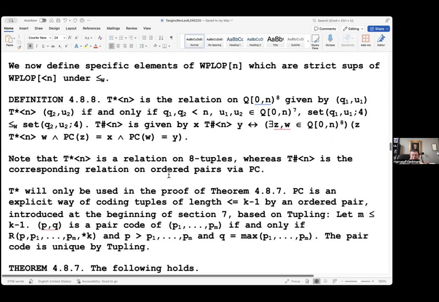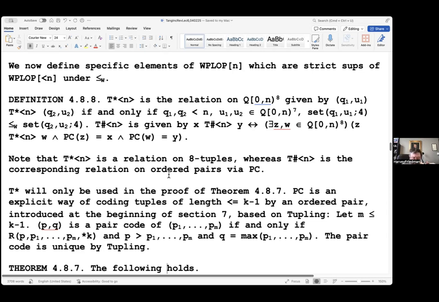All the different kinds of pair codings, codings of tuples, all that stuff is heavily part of section 7, which is next week. And we won't use T star. We'll use it only in the proof of the following theorem below. PC is an explicit way of coding tuples of length less than or equal to k minus 1 by a single ordered pair, introduced in the beginning of section 7 based on tupling.